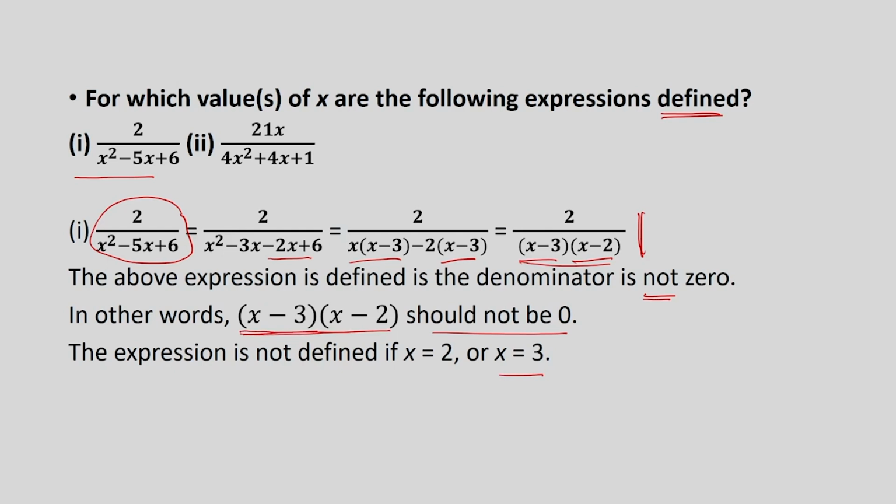That is one case. Or x is equal to 2, in which case the second part turns out to be 0, and therefore the product also turns out to be 0. So the expression will become something divided by 0 under two values of x, either x is equal to 2 or x is equal to 3.